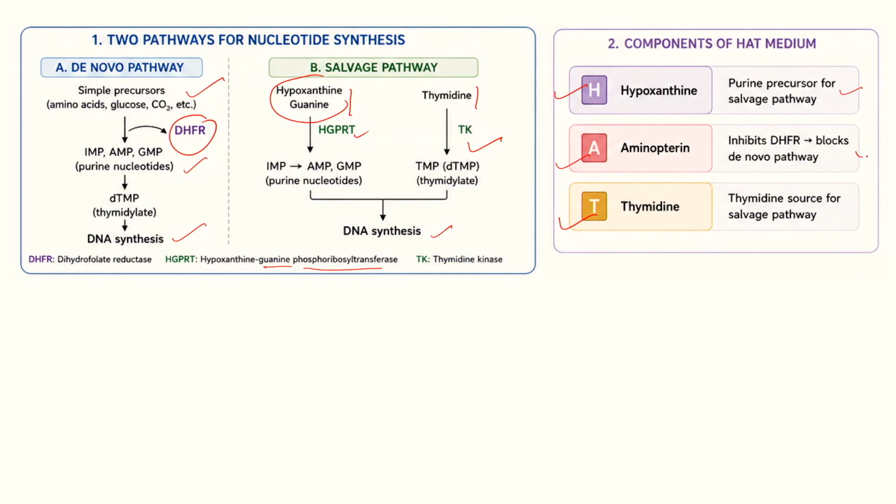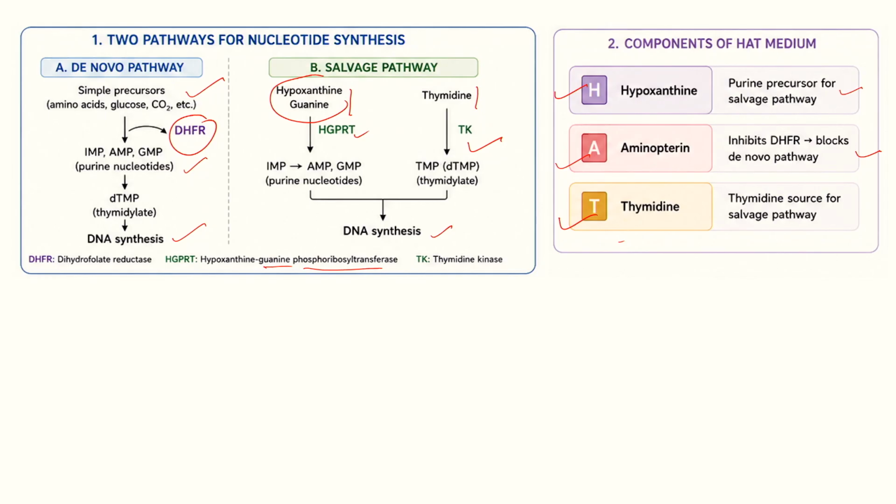So aminopterin inhibits DHFR and blocks the de novo synthesis pathway. Thymidine is the source which is utilized by thymidine kinase for DNA synthesis. That means we are providing two components that help the salvage pathway and one component that inhibits the de novo pathway.